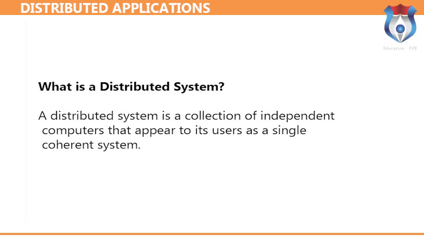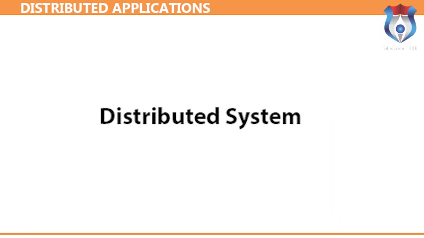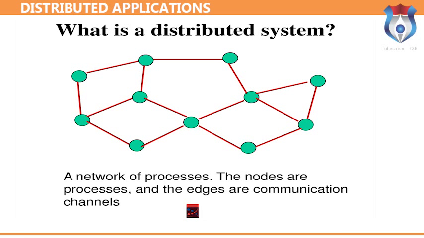This is known as the single system image and is a major goal in designing distributed systems that are easy to maintain and operate. A distributed system is a collection of independent computers that are used jointly to perform a single task or to provide a single service.